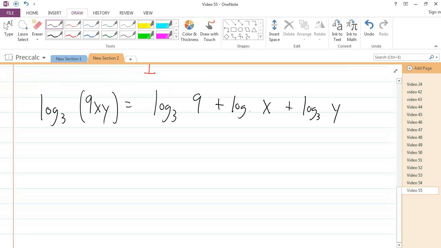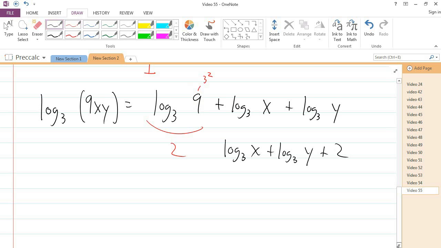And then I can simplify one of them because 9 is 3 squared. So log with 3 as a base of 3 to the second is going to be 2. So this is going to be log of x plus log of y plus 2.